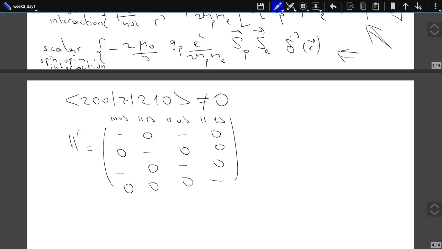Yes. Did we change the basis now? Not yet. This is our H prime matrix. What are the diagonal terms? Oh, sorry, you are right. Diagonal matrix elements are zero.